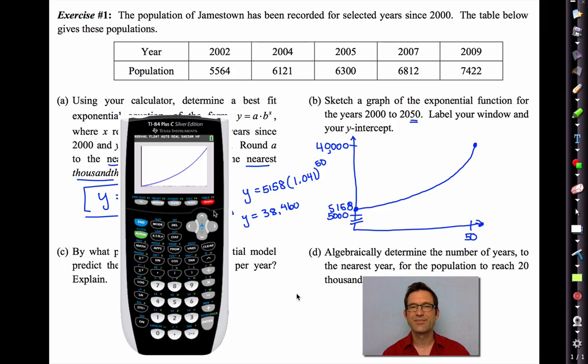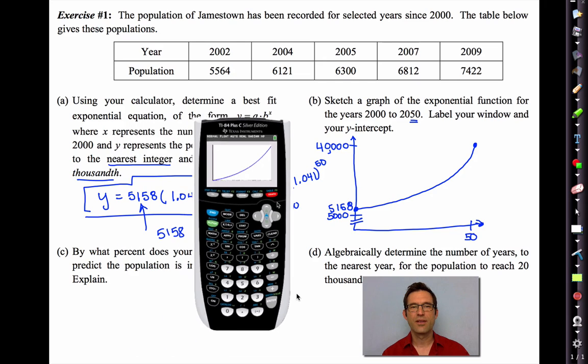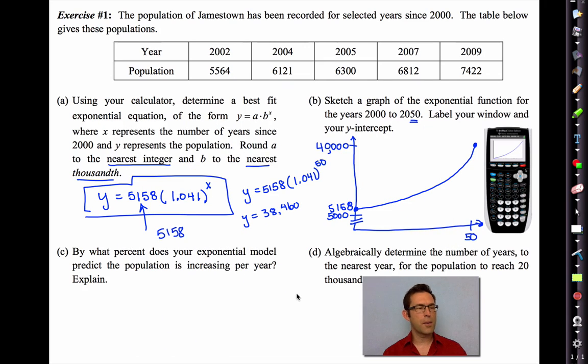Okay, pretty easy. Now letter C says, by what percent does your exponential model predict the population is increasing per year? Explain. All right, this should be something that you can remember from your exponential work. What percent is my population increasing by each year? Hopefully you said 4.1%.